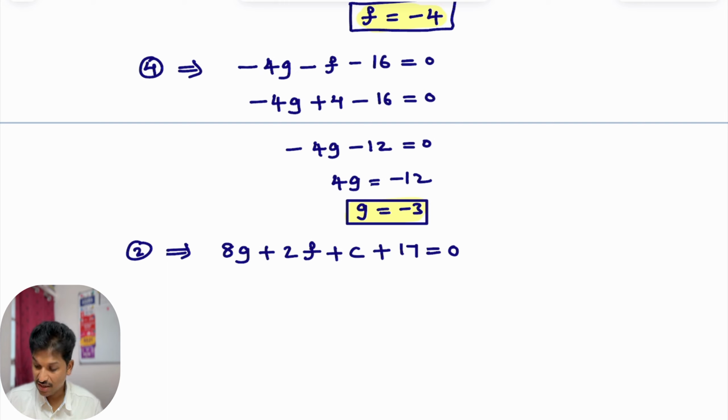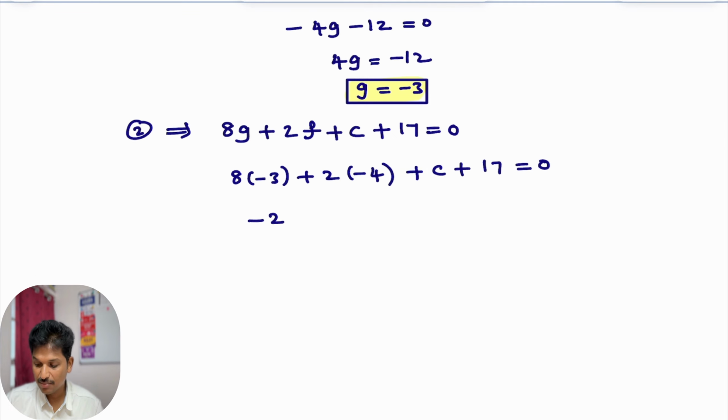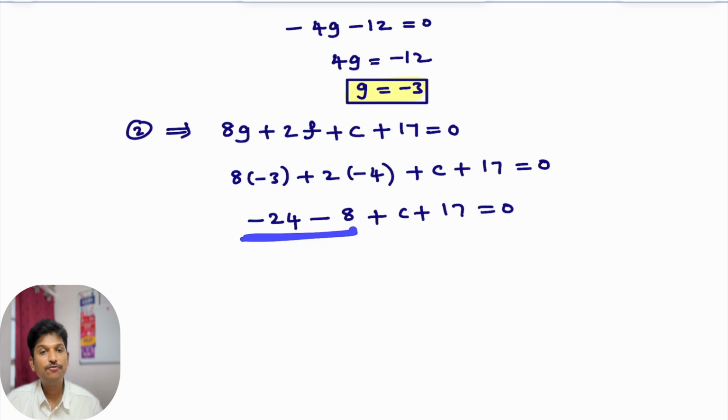So what you will get, 8 into G value, which is minus 3, plus 2 into F value, which is minus 4, plus C plus 17 equal to 0. Okay. 8 3s are minus 24, minus 4 2s are 8, plus C plus 17 equal to 0. If I simplify this, minus 24 minus 8 is minus 32, plus 17.